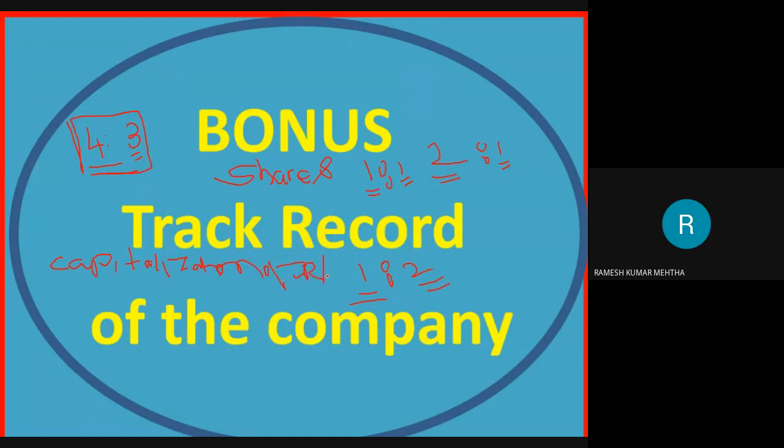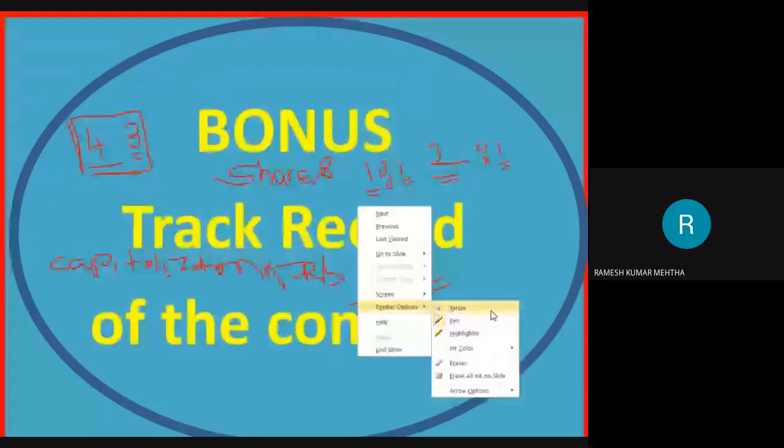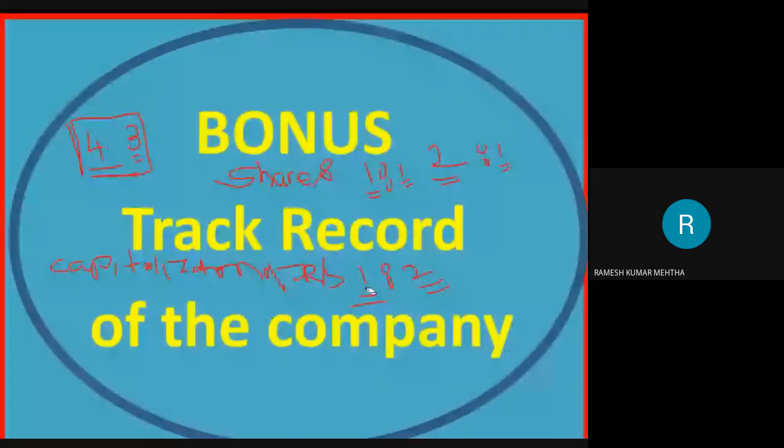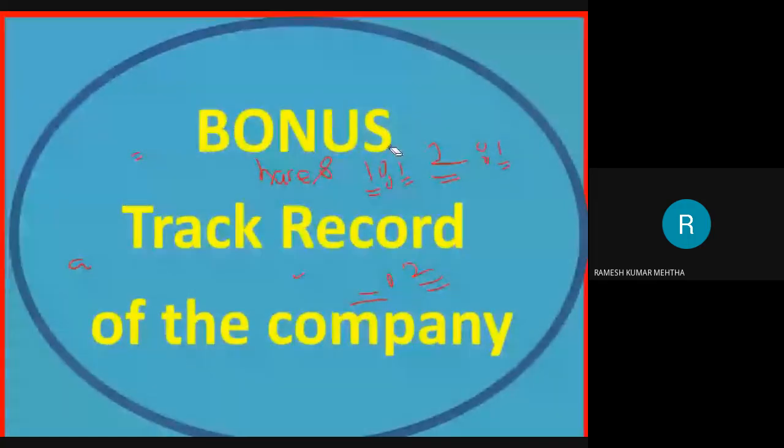Now, if you look at the company's balance sheet, on the liability side, the first two elements are very important.